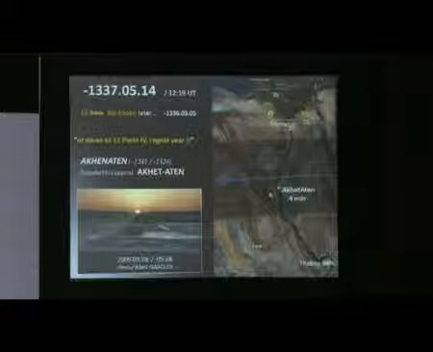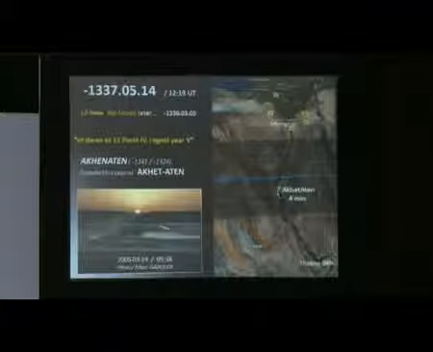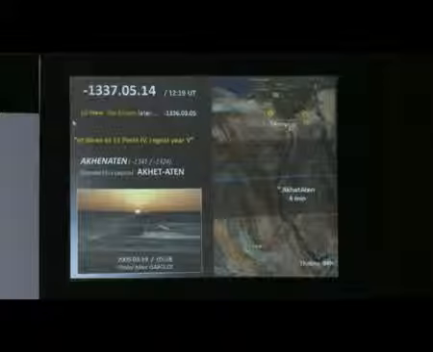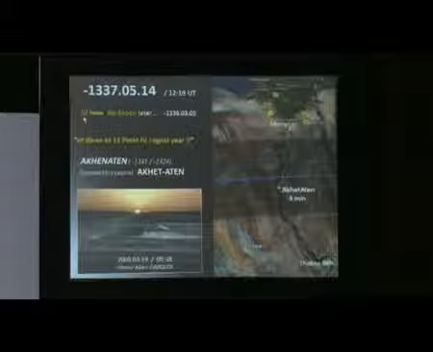And what is interesting is that on the stelae from this new capital, along the border of the city, you have big stelae with dates.